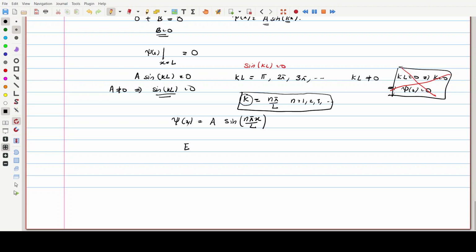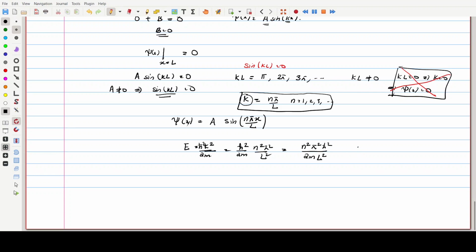So energy is h bar square k square by 2m. So it will be h bar square by 2m times n square pi square by L square. So finally the energy can be written as n square pi square h bar square divided by 2mL square.